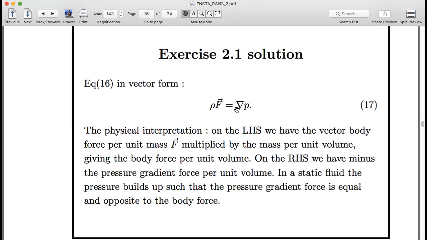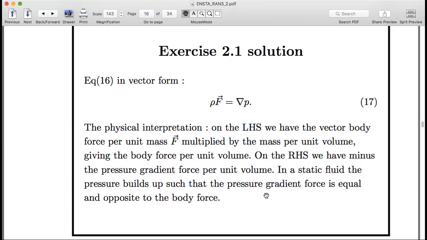It's not that the volume force equals the pressure gradient force, it has to be equal in magnitude and opposite in direction. So gravity is going to pull it down, and the pressure gradient force is going to push it up. And the two have to be in balance for this thing to stay a static fluid.